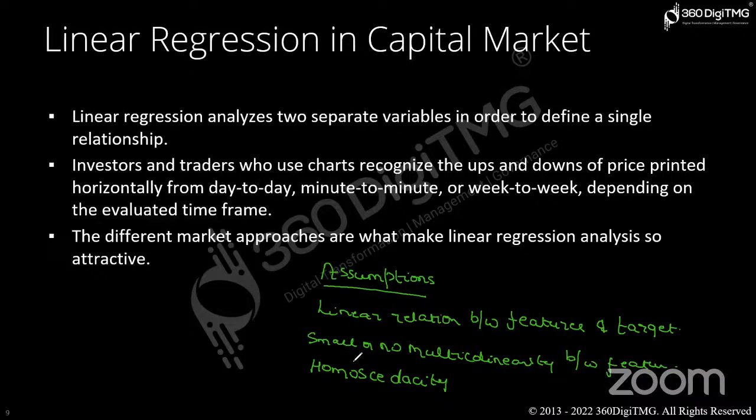Homoscedasticity is a situation when the error term is the same for all the values of the independent variables. So with homoscedasticity, there should be no clear pattern distribution of data in the scatter plot.